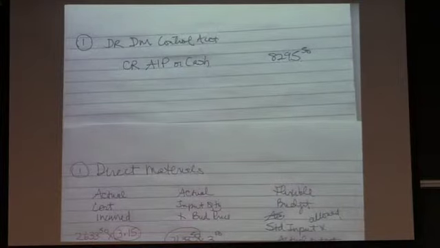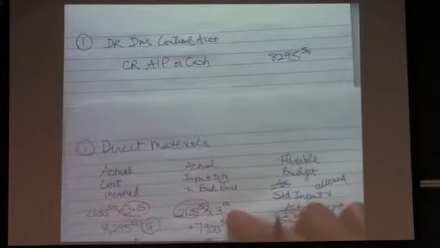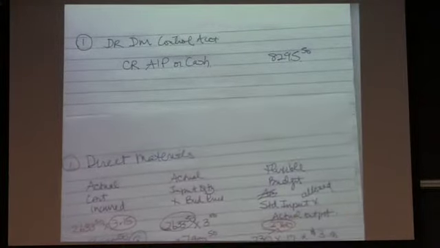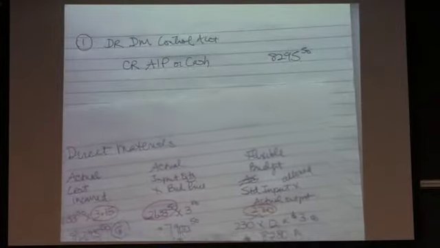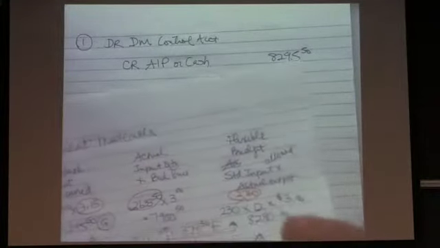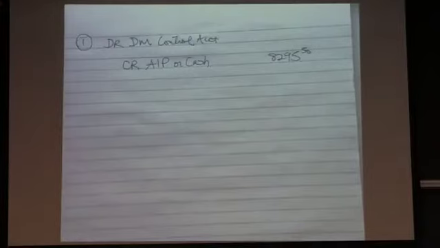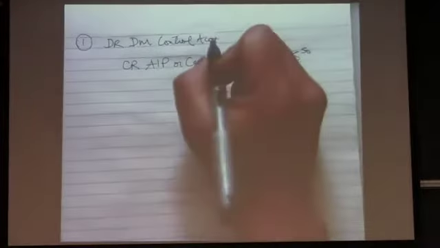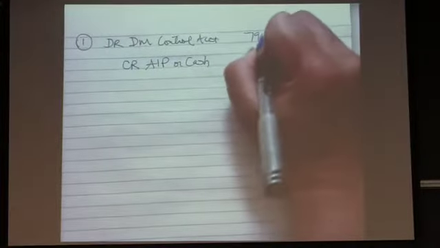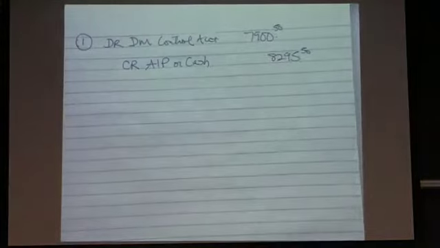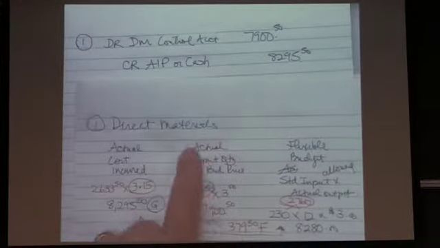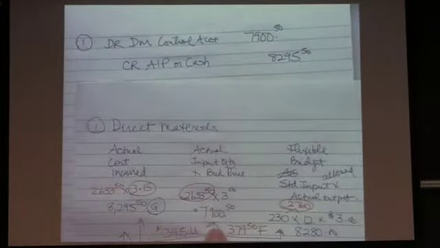We would only track the number of pieces that we use to make these shawls, and we're going to use a standard price, because Shauna's going to be buying these pieces of wool at different prices. We're going to let the accounting inventory system deal with that. As far as we're concerned, we're going to charge a standard price. That's why we're using this column, the actual input times budgeted price.